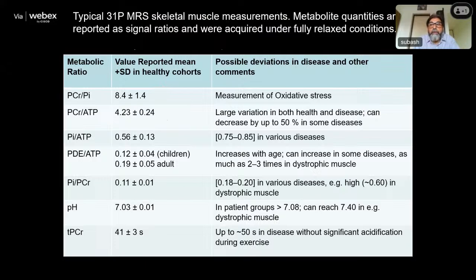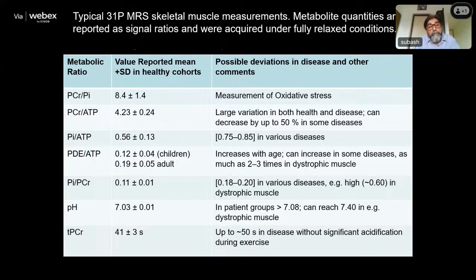So you can actually measure intracellular pH by P31 spectroscopy, which is not possible otherwise, unless you inject a probe inside the muscle. But here you are able to calculate the pH of the muscle non-invasively.